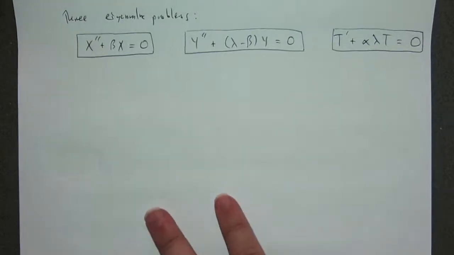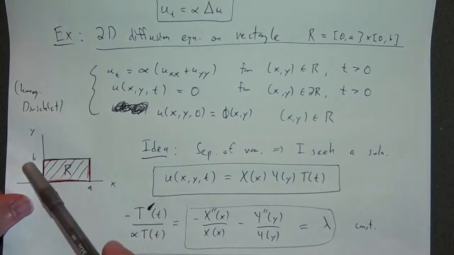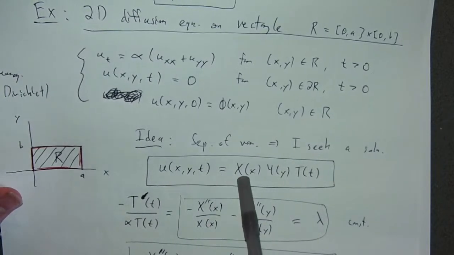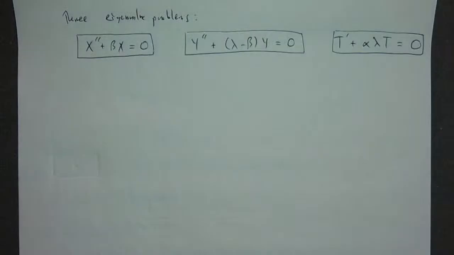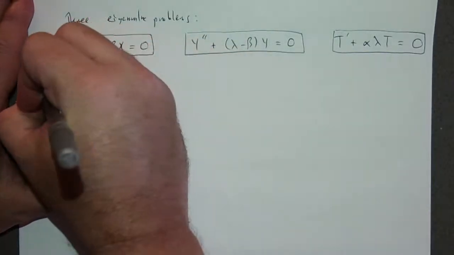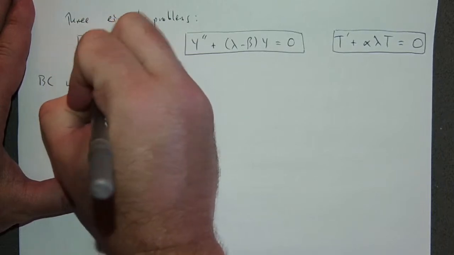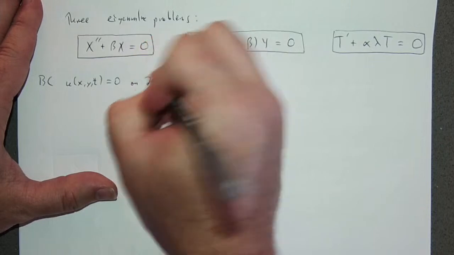Now, what do my BCs impose? So here, I have u is 0 everywhere on the boundary. Since I'm seeking a separated solution, that's X times Y times T, what does this lead to? So BC, u of x, y, t equals 0 on the boundary.